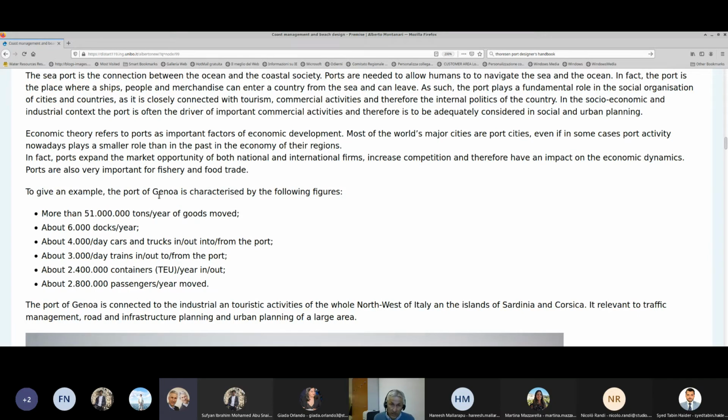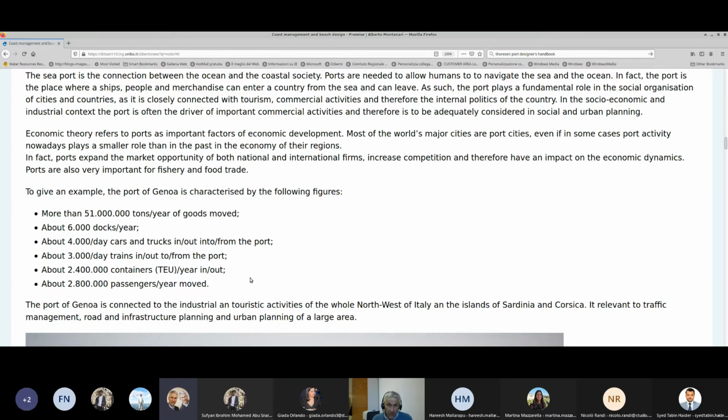If you look at the numbers, and here you have examples for the port of Genoa, the numbers are impressive, are really impressive. And it means that the port is an essential element of the socio-economic context.